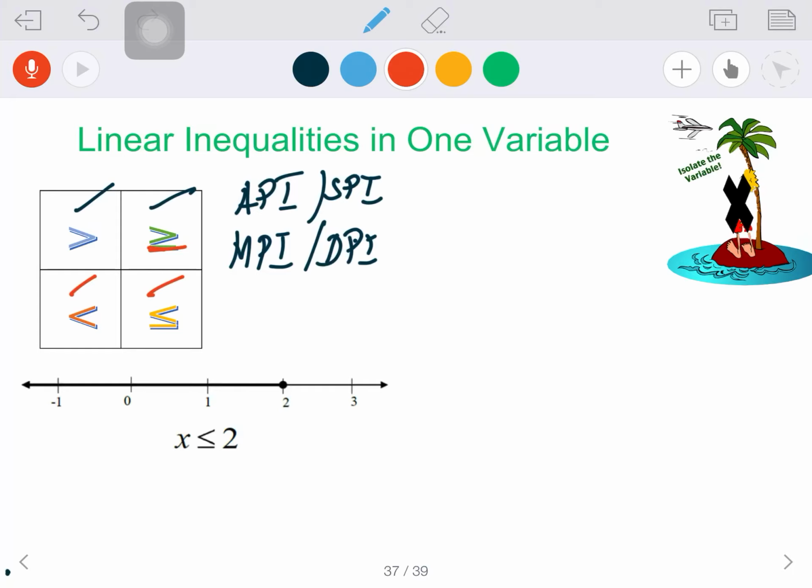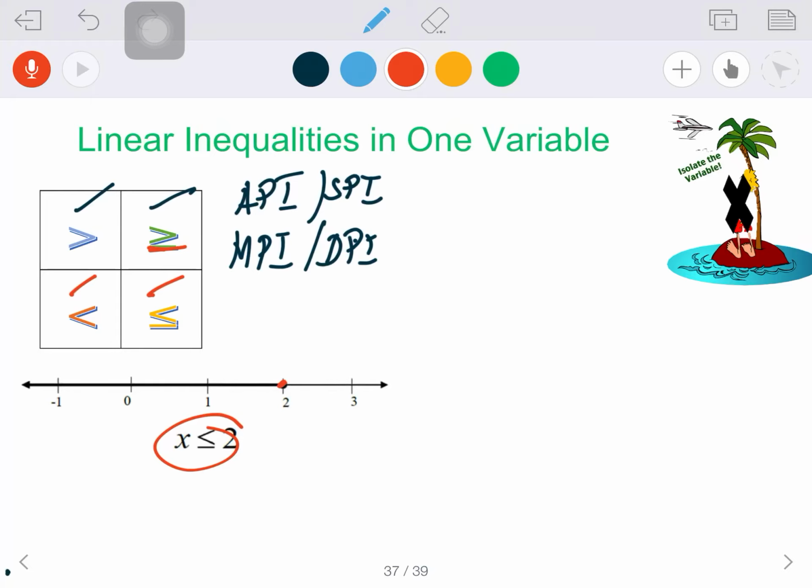Remember, the main difference between equations and inequalities is the number of solutions. In equations, we only have one solution, while in inequalities, we have many solutions, actually infinite. So if, for example, you have x less than or equal to 2, to represent that on the number line, you have to shade 2 first because that's your reference point.